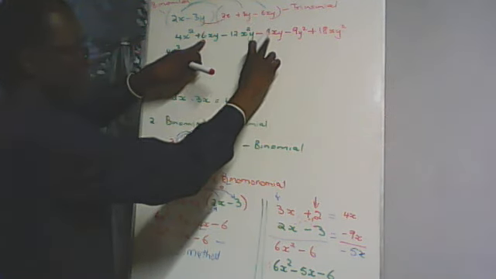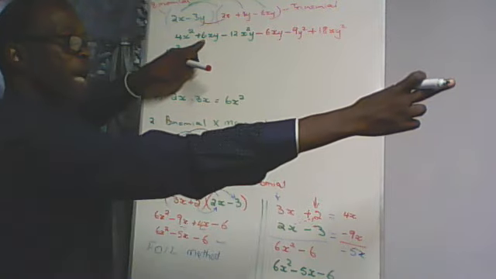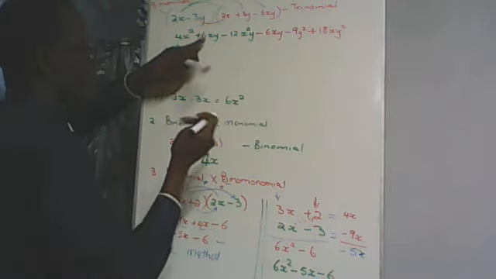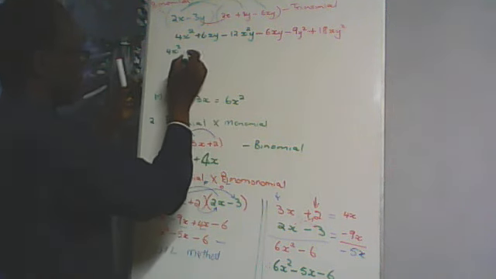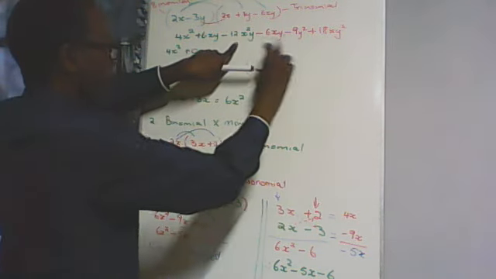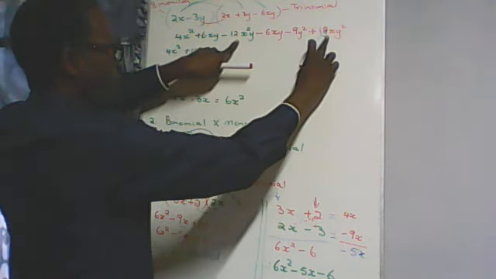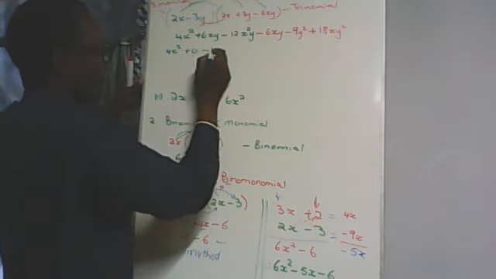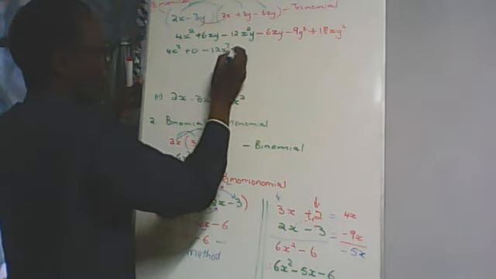What do you get? You move 6 steps to the right, 6 steps backwards. You get 0. Yes, that will be 0. And then negative 12 x squared y. Is there any x squared y? Nope. Then it's negative 12 x squared y.